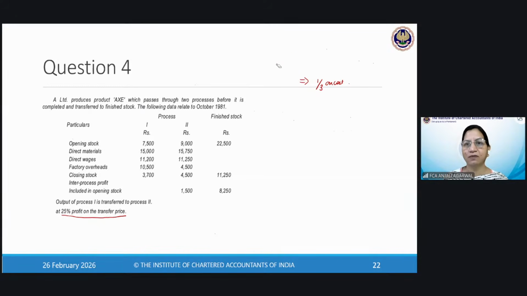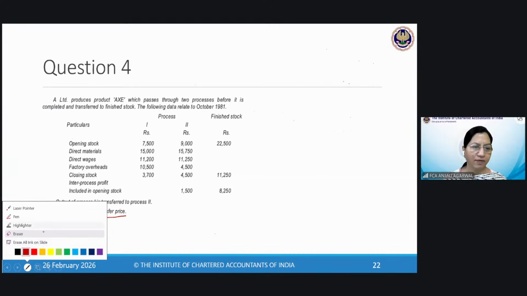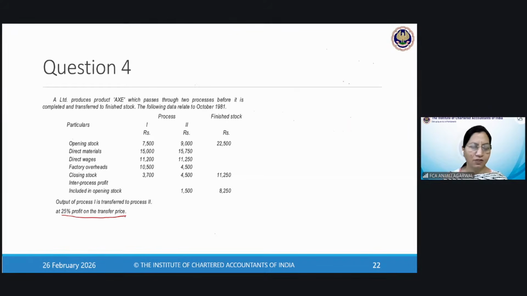So reduce the percentage of transfer price into a fraction: 1/4 on transfer price is 1/3 on cost. 1/5 on transfer price is 1/4 on cost. 1/3 on transfer price is 1/2 on cost. 40% on transfer price is 2/5 on transfer price, which is 2/3 on cost.